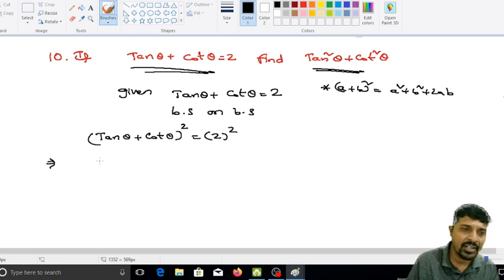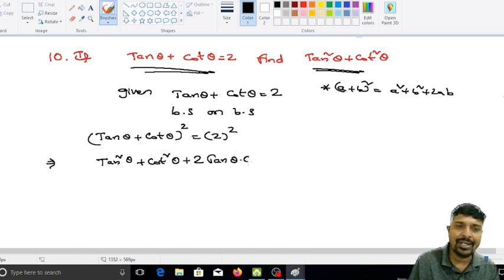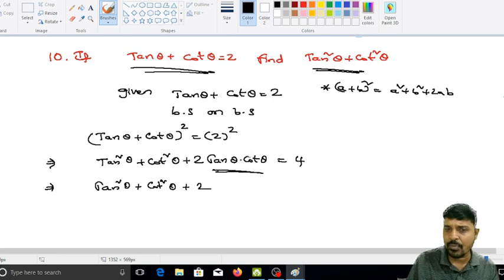So we can write it here as tan square theta plus cot square theta plus 2 tan theta times cot theta is equal to 4. And the next step is tan square theta plus cot square theta plus 2. Tan and cot are reciprocals of each other, and the product of two reciprocals is always equal to 1.